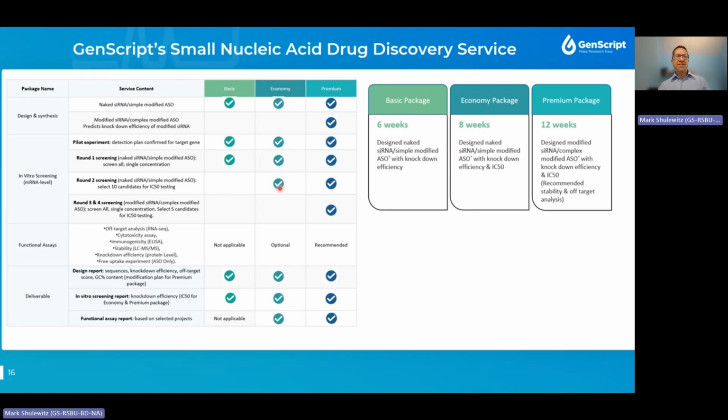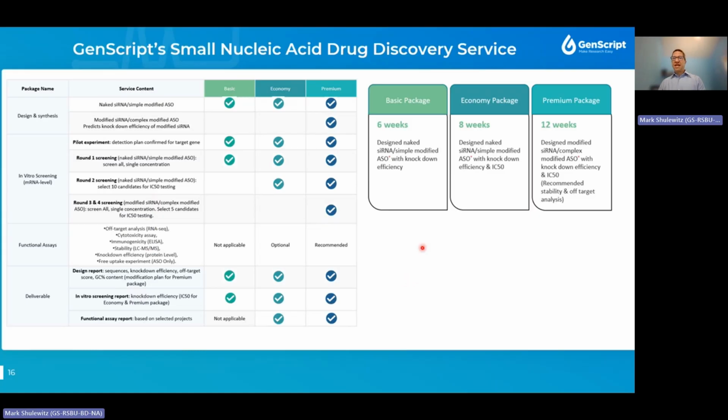Our economy package adds a 2nd round of screening where we can now test for IC50 of candidate siRNAs or antisense oligos. And then our premium package adds modifications to siRNAs or antisense oligos, and those are followed by 2 additional rounds of screening of the modified oligonucleotides. In addition, we also offer functional assays such as off-target analysis and stability assays.